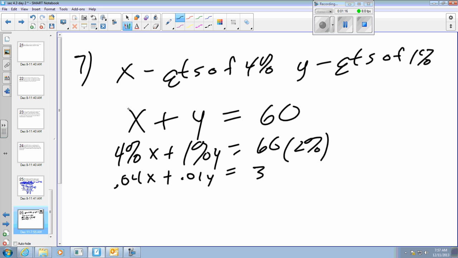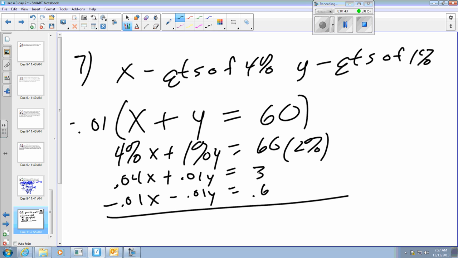Let's multiply my top equation by negative 0.01. If I do that, I'm going to get negative 0.01y to go along with the positive 0.01y, and then they'll go away. So let's multiply. I get negative 0.01x minus 0.01y equals 0.6.